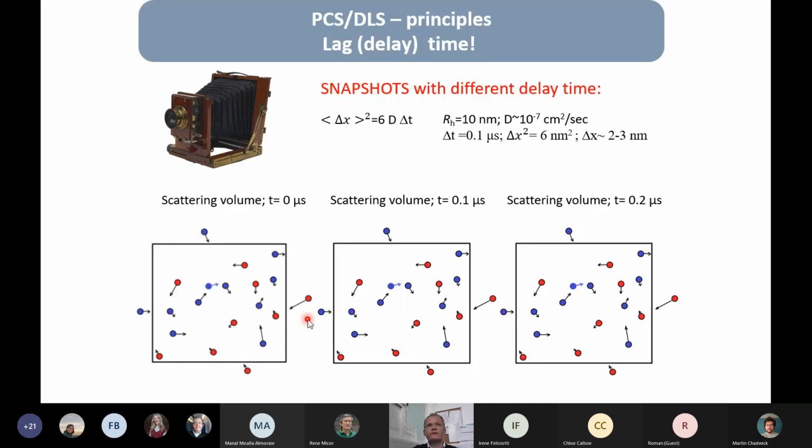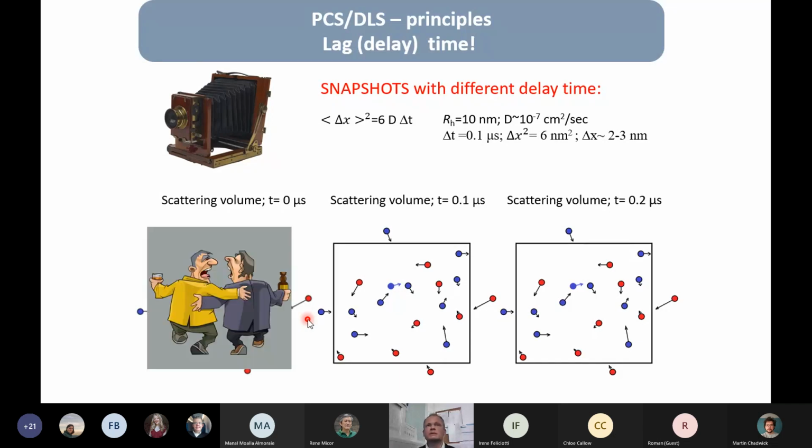Well, if you have problems with this model, you can imagine some other situation. Let's imagine you have a common room full of drunk people, drunk students, and this common room has many doors, and every 10 minutes somebody is coming in, coming out. So basically, we will be trying to make a picture of these drunk people with some period of time, right? Okay.